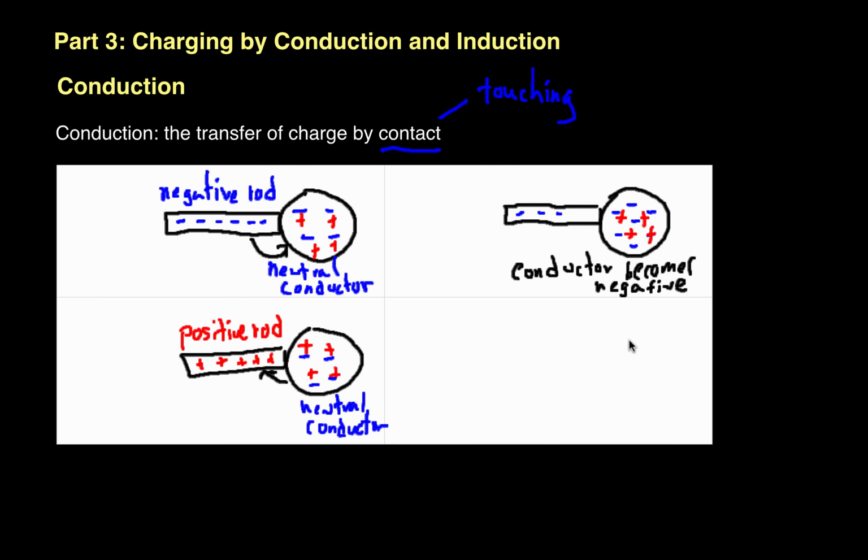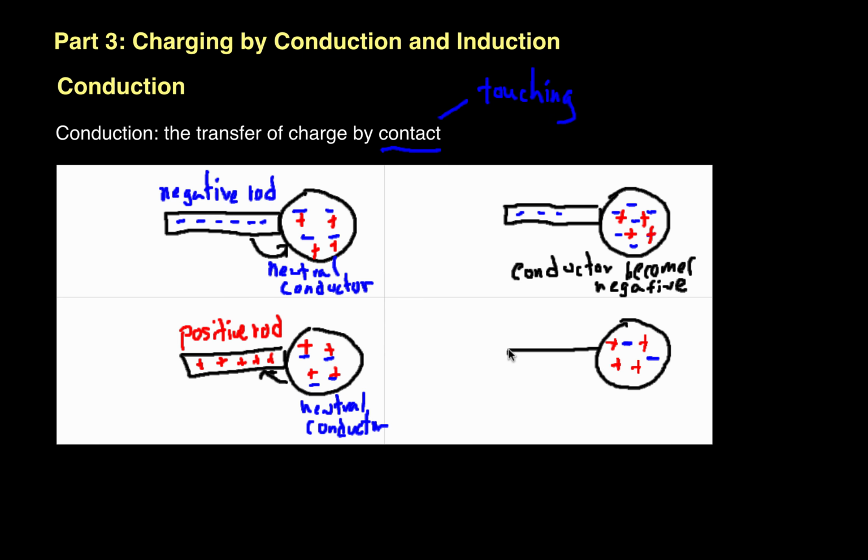As a result, the neutral conductor becomes positively charged because its positives remained, but it has fewer negative charges in it than before.